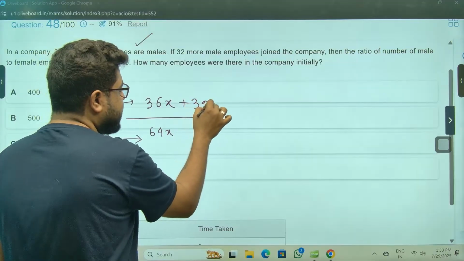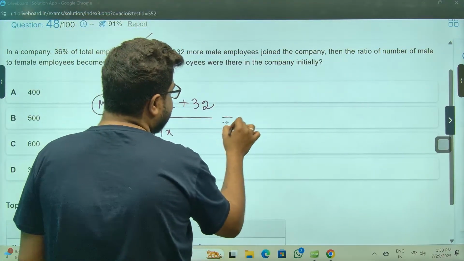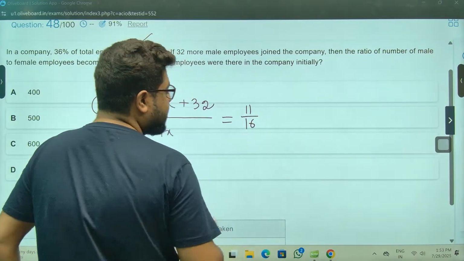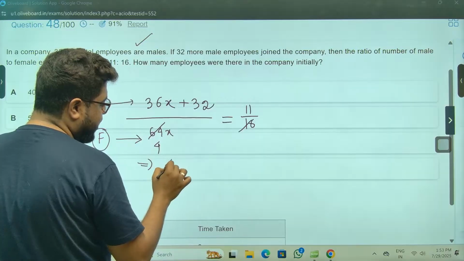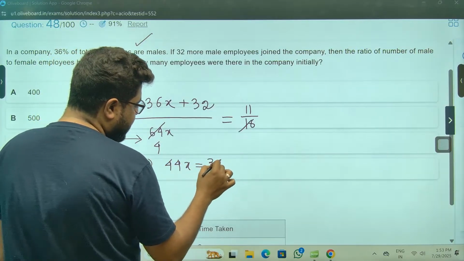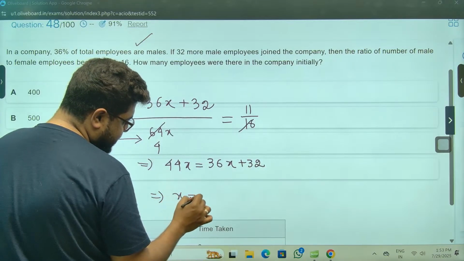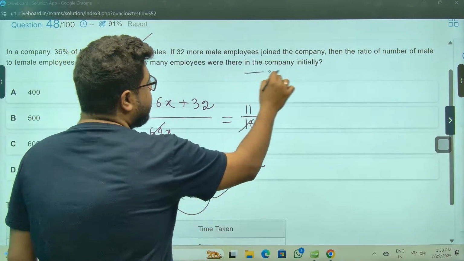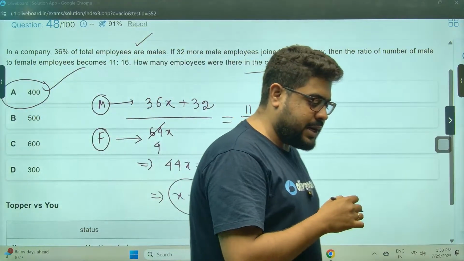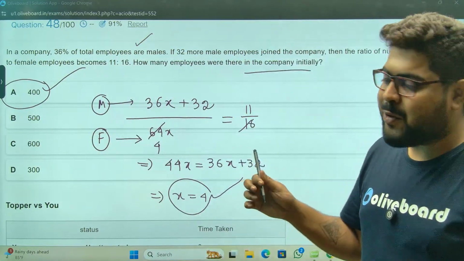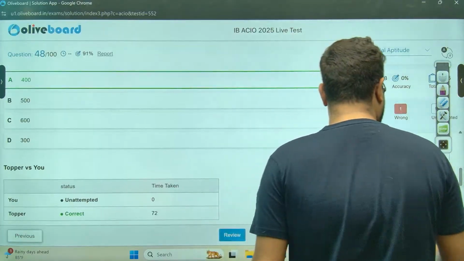Now the ratio of male to female becomes 11 by 16, sorry. 16 fours are this. So cross multiply: 44x equals 36x plus 32. So 8x is 32, x is 4, sir. Total number of employees 100x, 400 is the answer. That is option number 1. Let's move on.